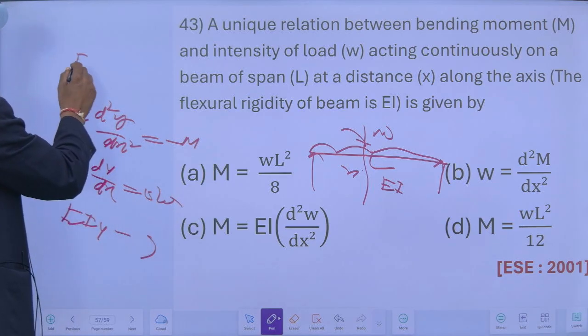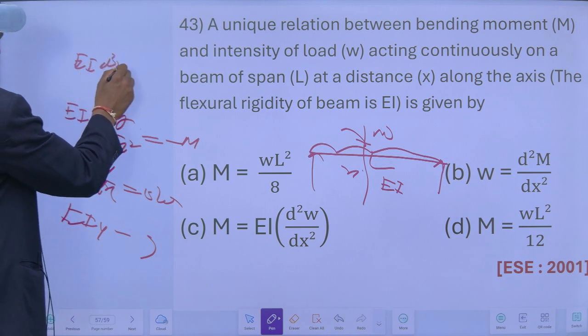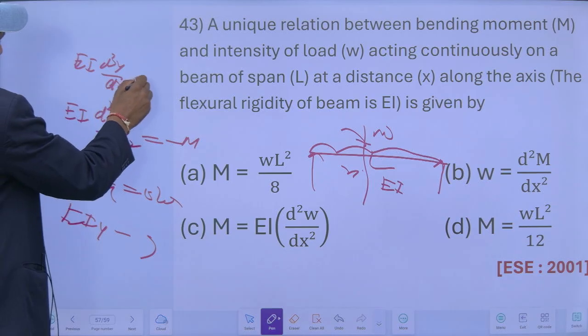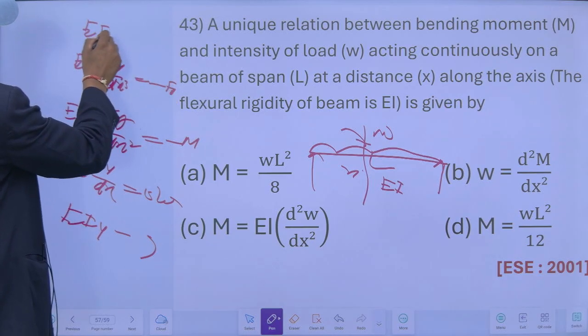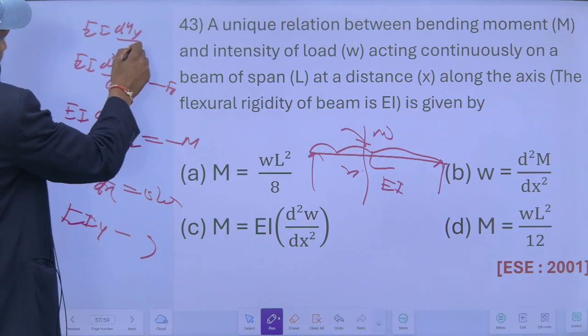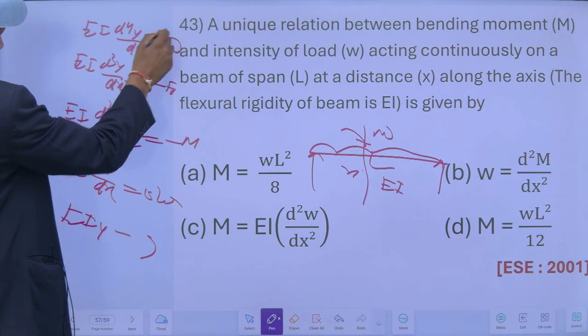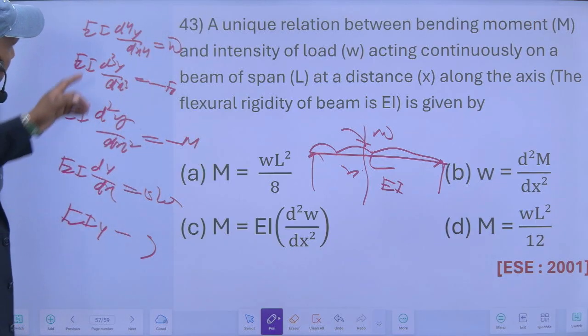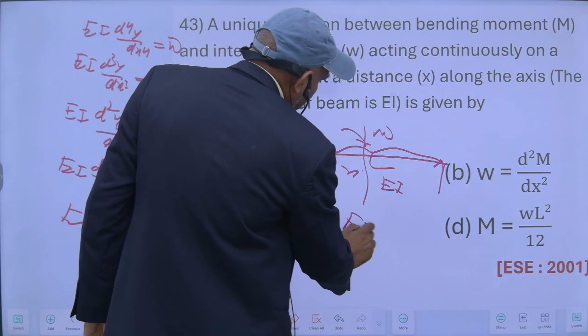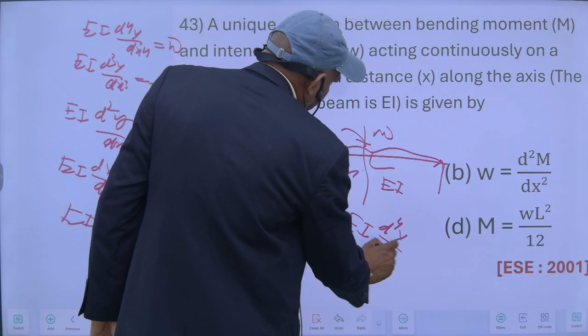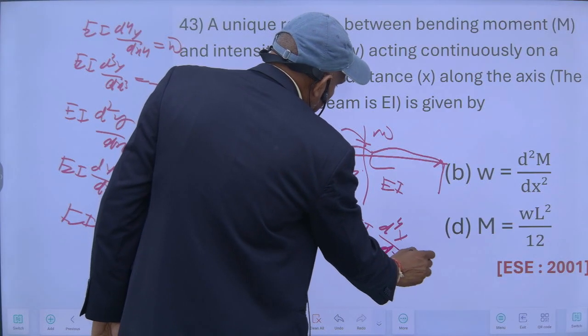Its third derivative will give the shear force, and its fourth derivative will give the rate of loading W. So EI into the fourth derivative of y with respect to x is W.